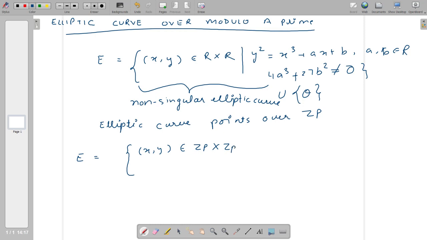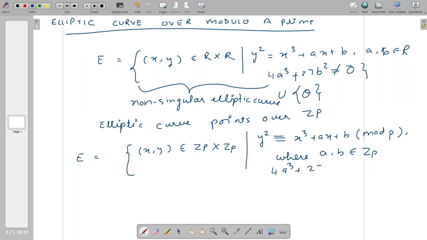Zp is a group under addition, this we all know. Now y square is congruent to x cube plus ax plus b mod p, where a, b belong to Zp, and 4a cube plus 27b square is not congruent to 0 mod p, union the point at infinity theta.